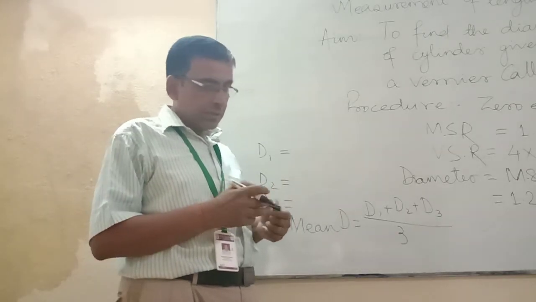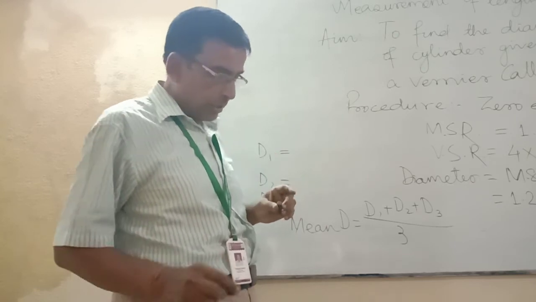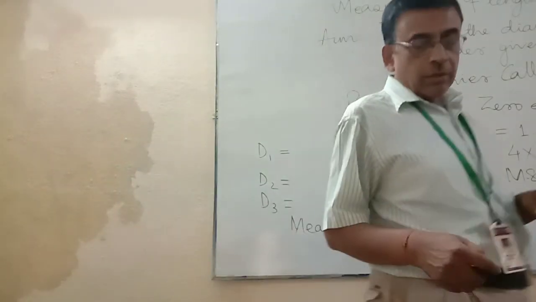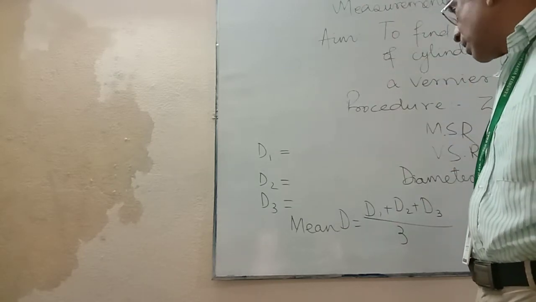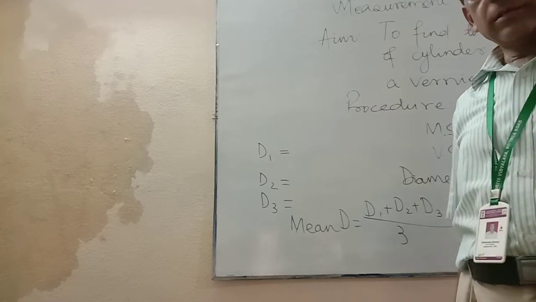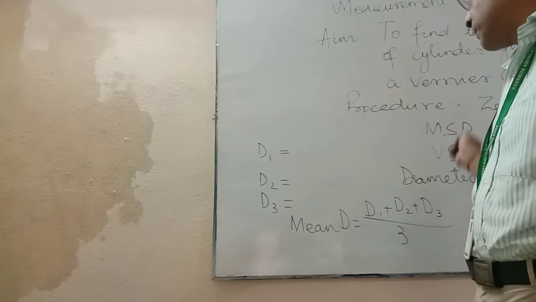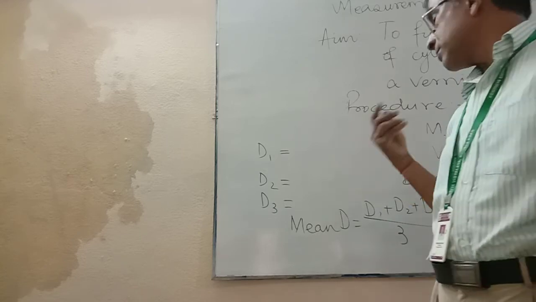So this is what I have discussed about the practical, and you will follow the systematic procedure of how to write and make your record. First you will write the aim of the experiment, then you write apparatus required, then comes the theory.